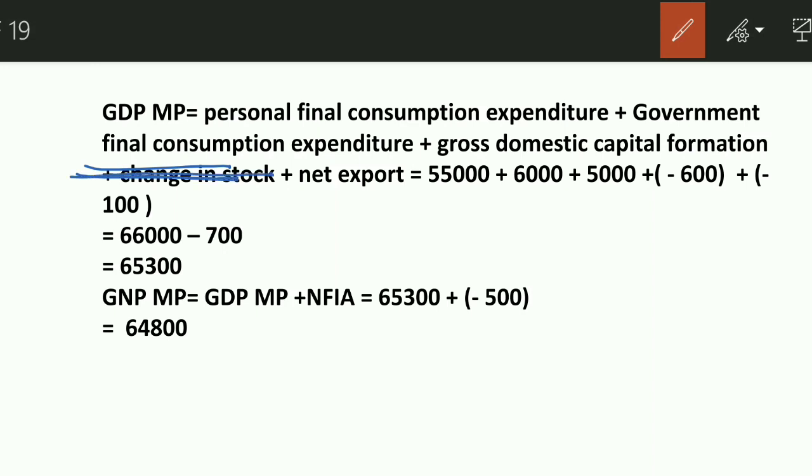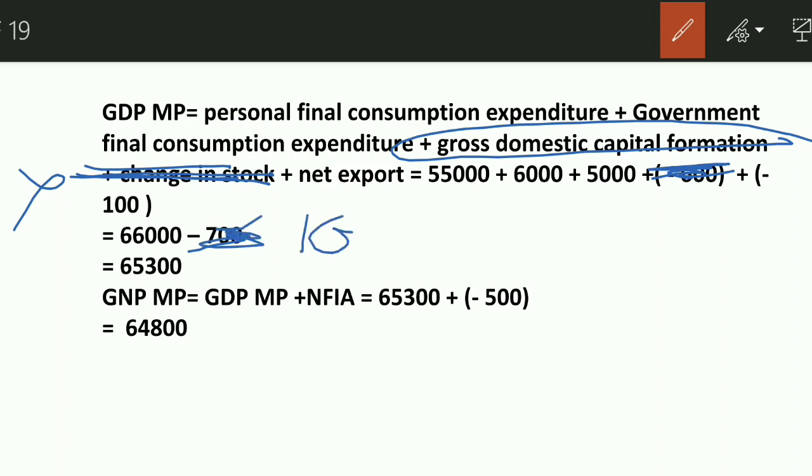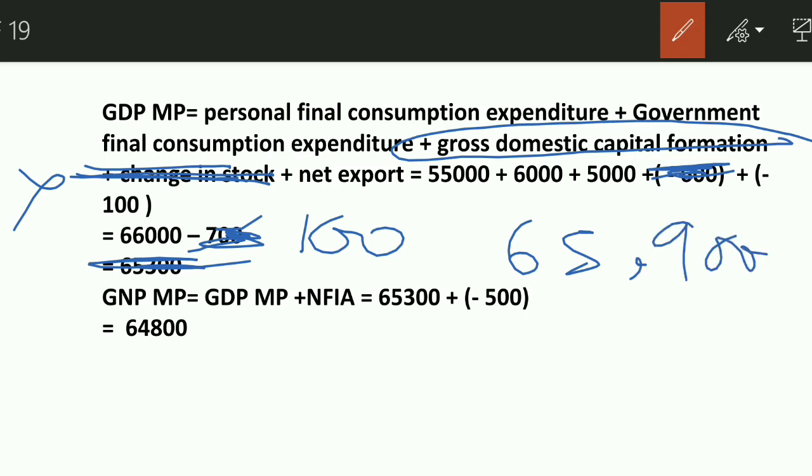They have included change in stock as well, but this change in stock should not have been included, because gross domestic capital formation already includes change in stock. So this is quite wrong. This would not be there, so it would be 100 and the answer would be 65,900.